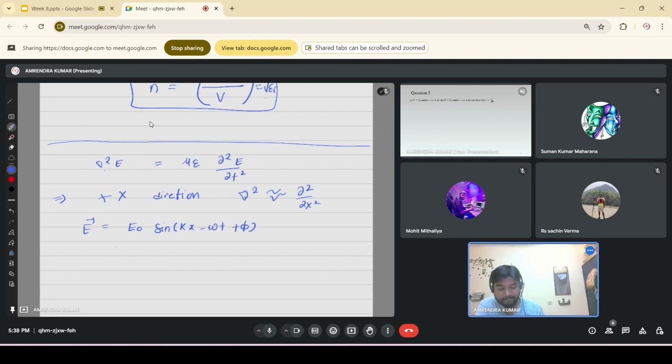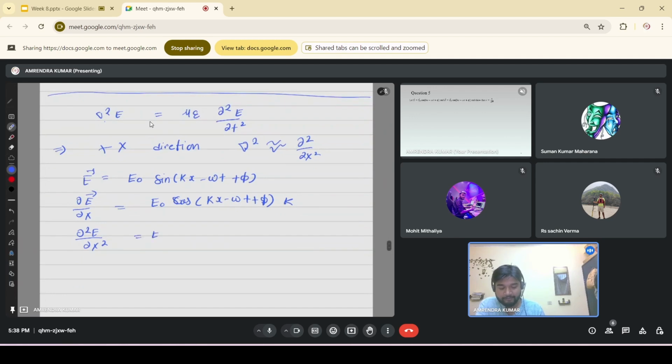If we take the derivative, first the single derivative, we have E naught sine goes as cos of kx minus omega t plus phi, and you have the k here. Then again you take the double derivative of this, so you have E naught, cos goes as minus sine of kx minus omega t plus phi, times k square.